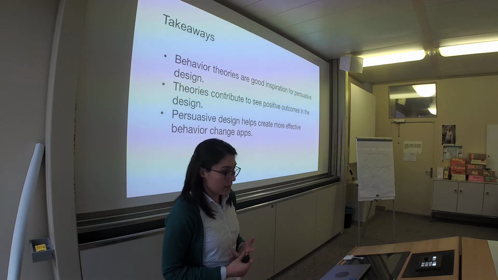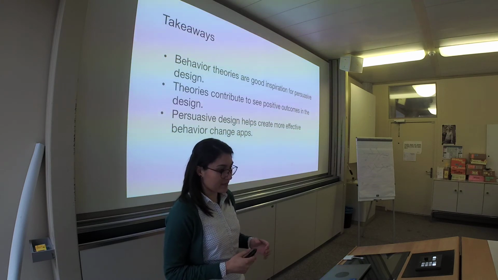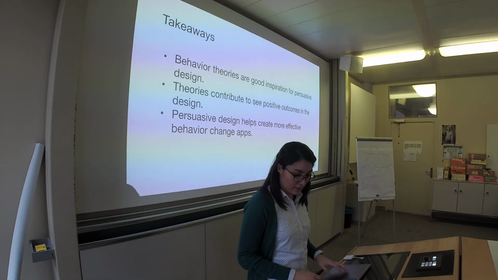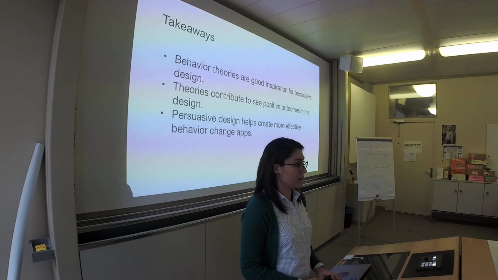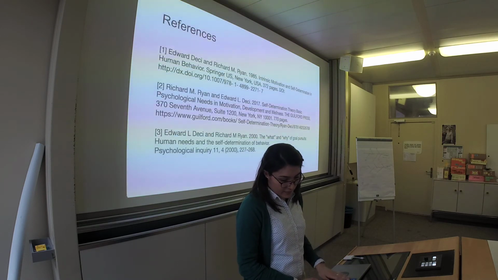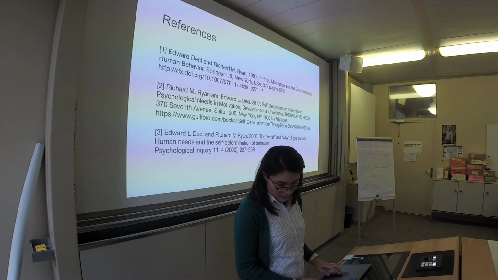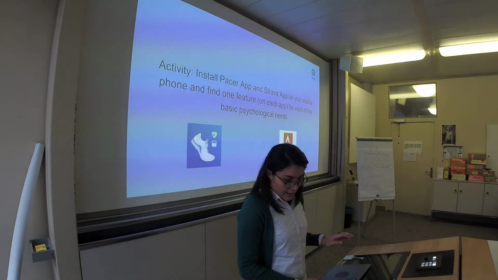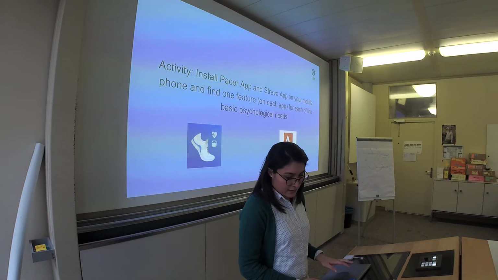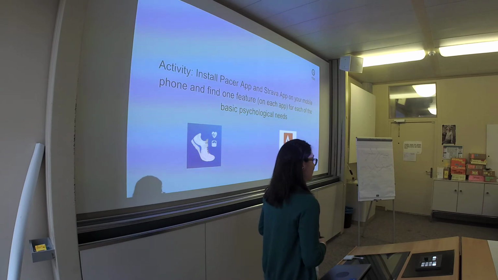And also, using persuasive design will create more effective behavior change apps. So these are some references of the theory that I mentioned, in case you want to go look around. And right now, I would like to jump to a small activity, but I will take your question first. Thank you.